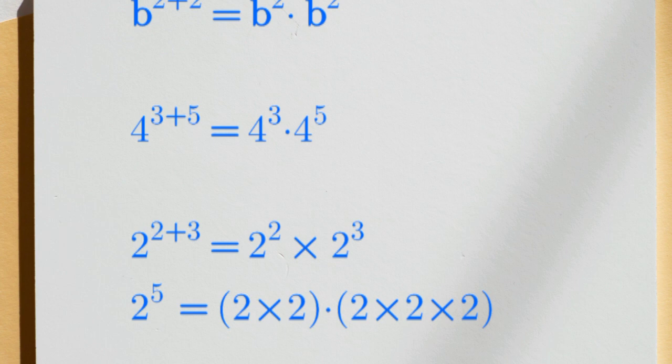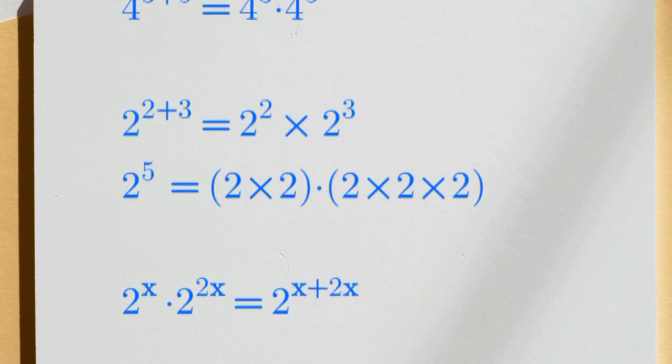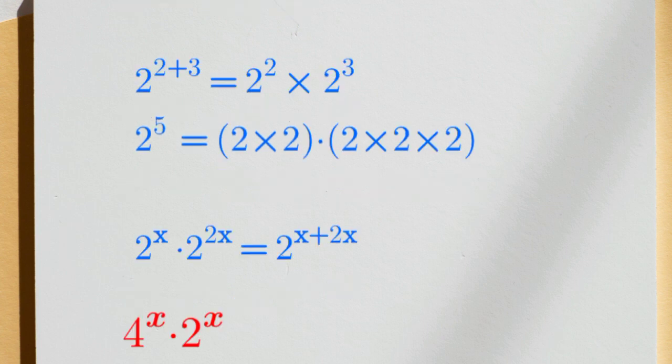Now let's go into an even more complex example, when you have 2 raised to the power of x multiplied by 2 raised to the power of 2x. Now as you can see, according to the rule, this is equal to 2 raised to the power of x plus 2x. Now another example, when you have 4 raised to the power of x multiplied by 2 raised to the power of x.